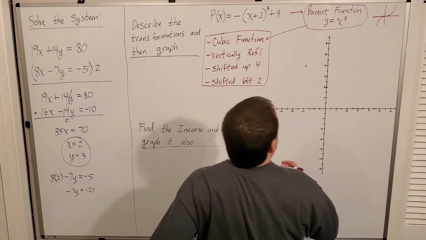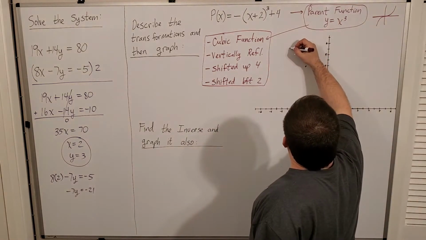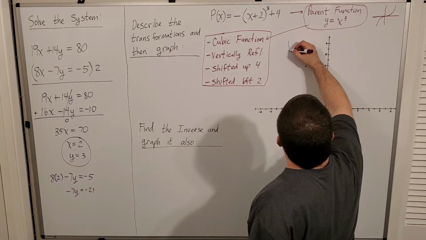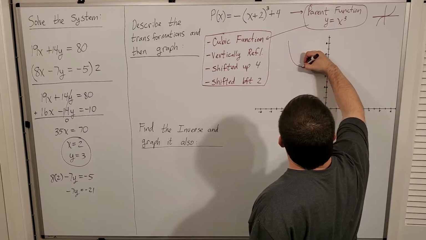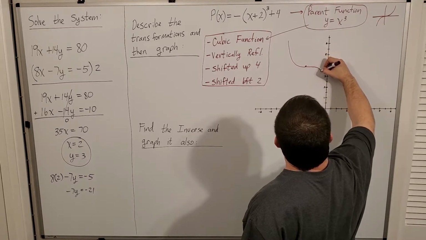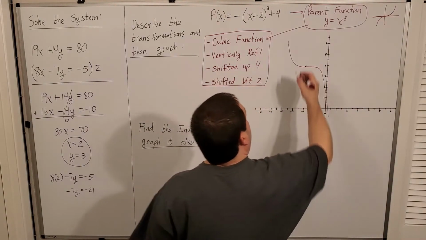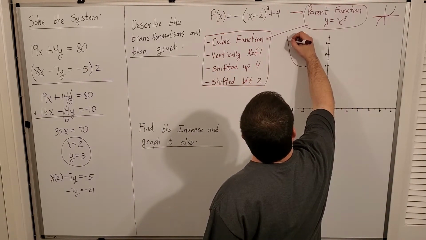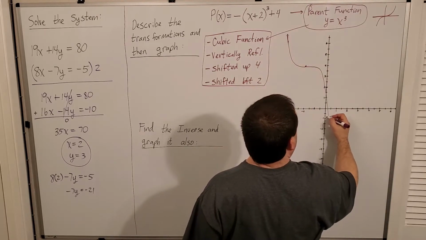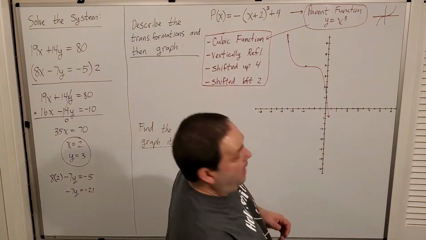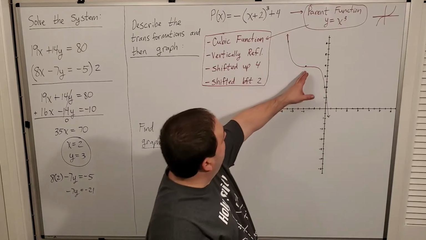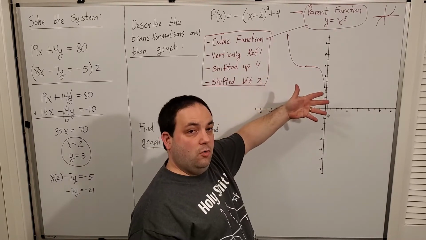Okay, and then from here, I'm just going to draw the cubic shape in. Now, here's the thing. How accurate am I? Okay, I don't know. The shape is correct, the location is correct, and the orientation is correct.